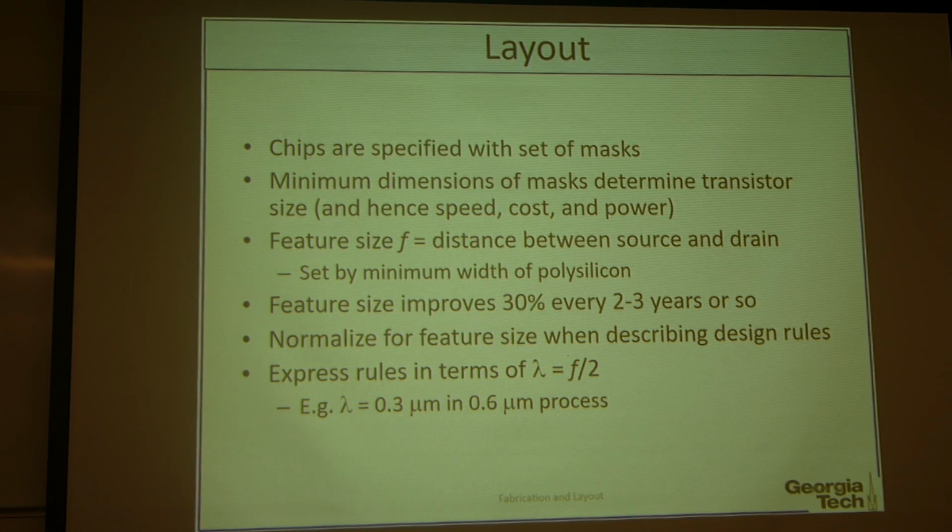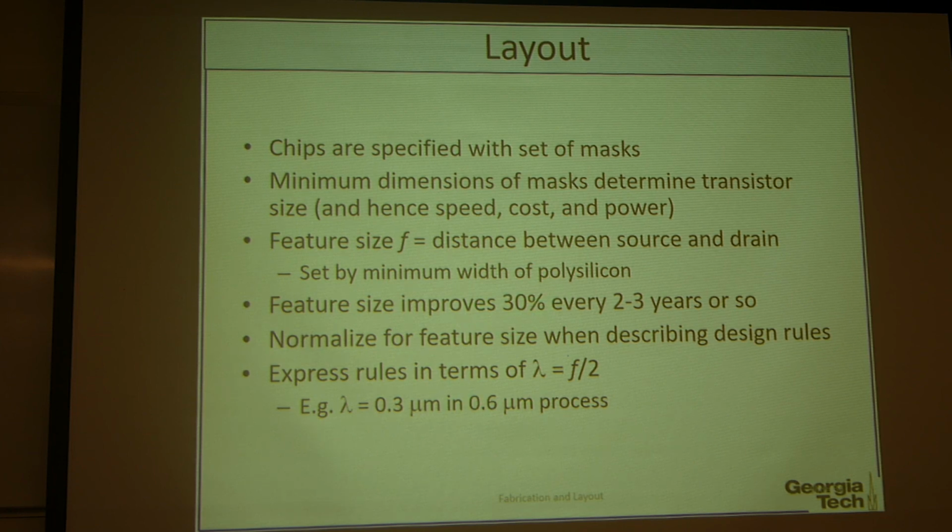There is a reference value to make a design, which is a feature size F. This is the distance between the source and the drain, which is the gate length. This feature size improves 30% every 2 to 3 years or so. This speculation was made by a famous man called Moore, so it's called Moore's law.